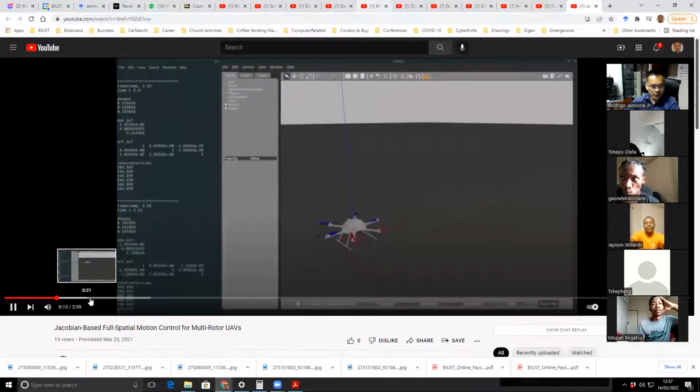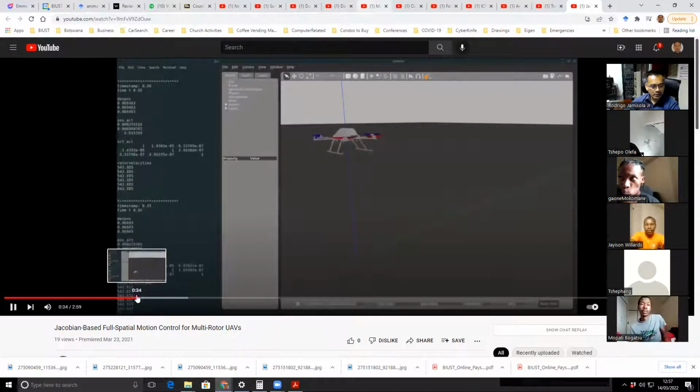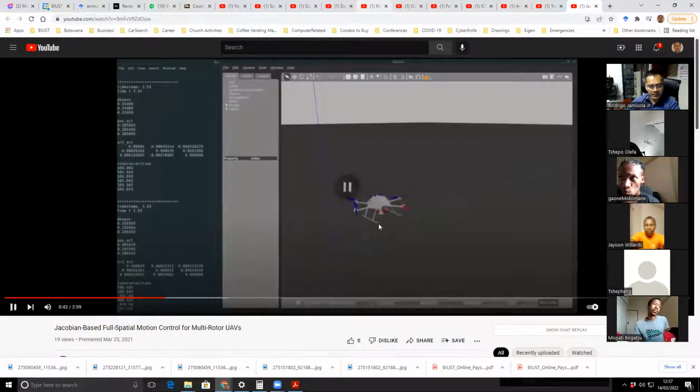If you see drones nowadays, that's Jacobian-based control. The way I want to do it is that, when the drones move, you can see drones tilt. They will tilt when they have to move to the side, but I'm showing that in my case, it doesn't need to tilt. And it's also Jacobian-based control, so that I can attach an arm to the drone, so that it will be an aerial manipulation.